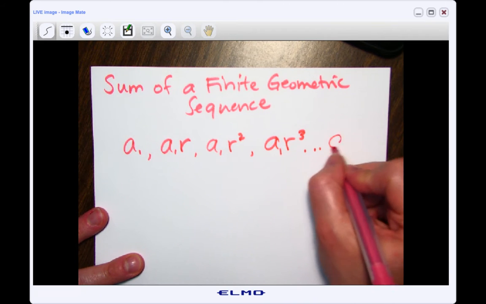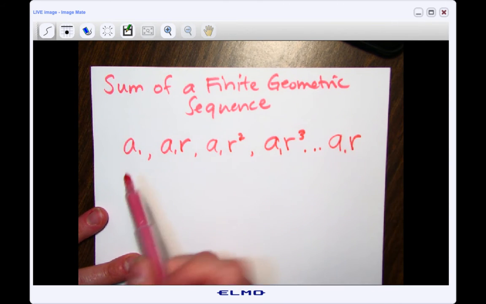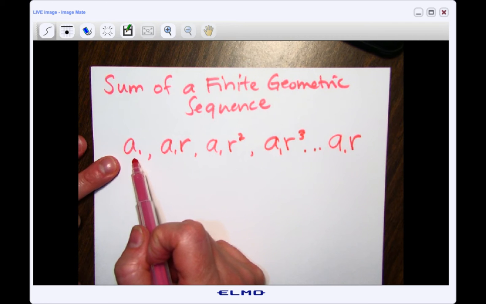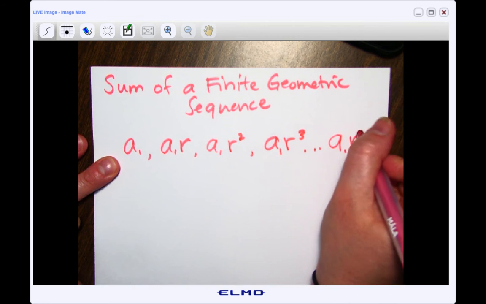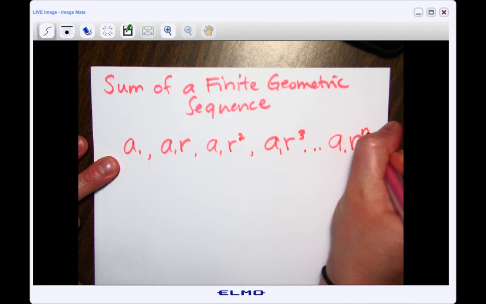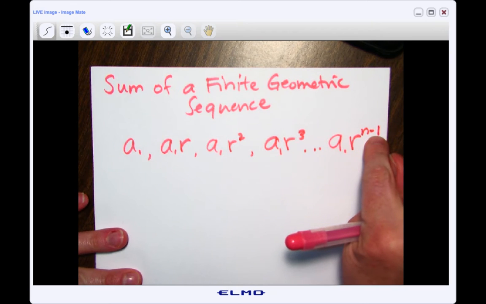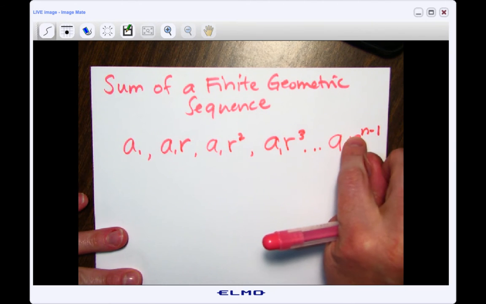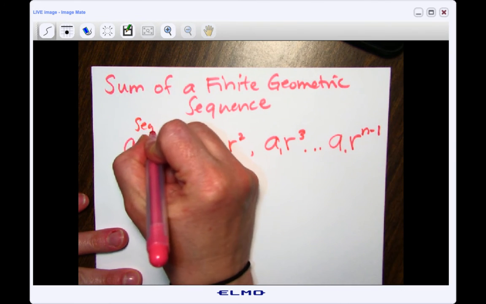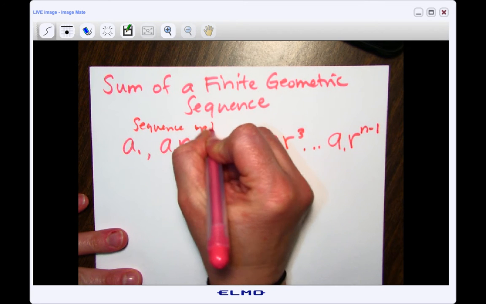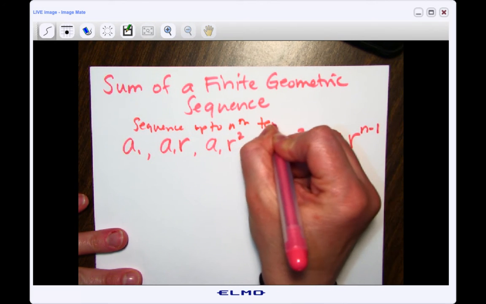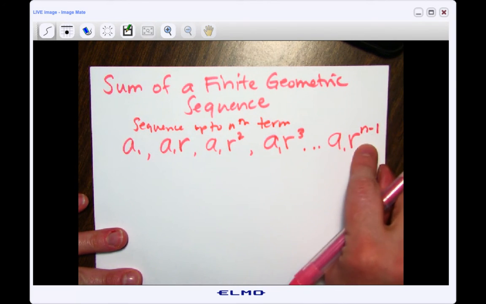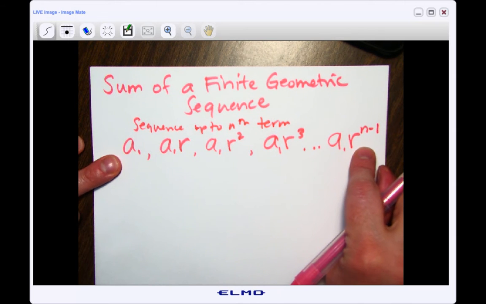So the last term in the sequence would be, well, this first one you didn't multiply by the ratio, so it would actually be n minus 1 would be the last term in the sequence, right? So this would be a sequence up to the nth term. We'd have one less ratio because the first term doesn't get one.